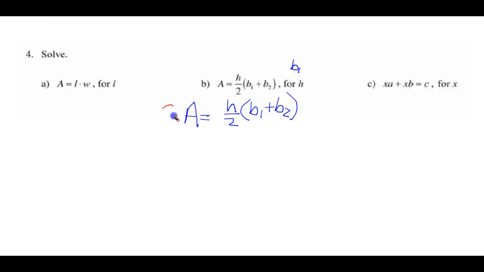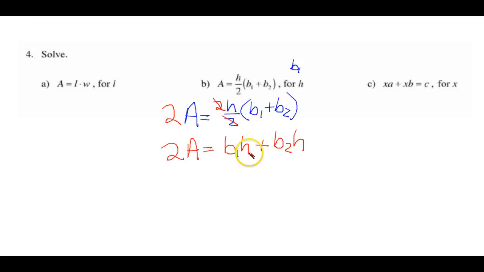So we're going to multiply this side by 2 and this side by 2. So then we get 2A equals, now I want to get rid of my parentheses as well, so I can get that B out on its own. So this becomes B sub 1 H plus B sub 2 H.